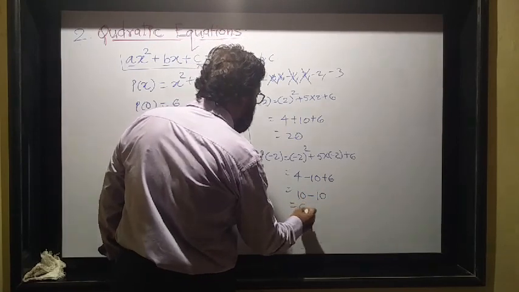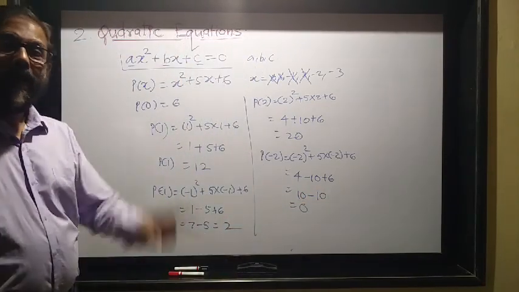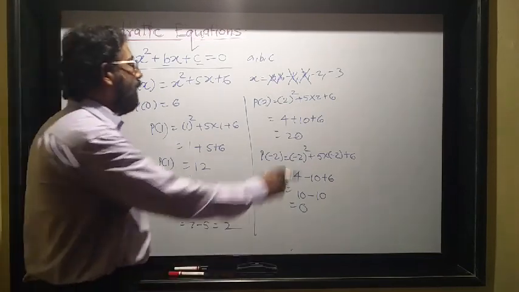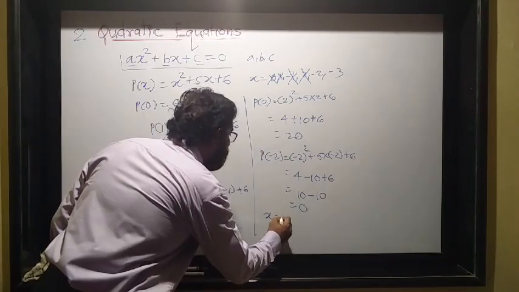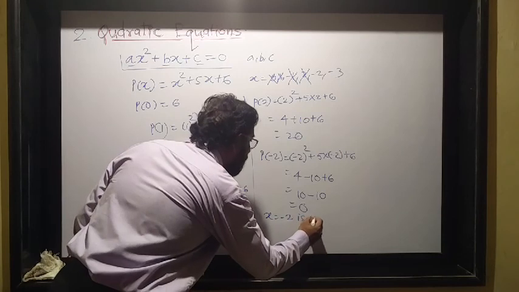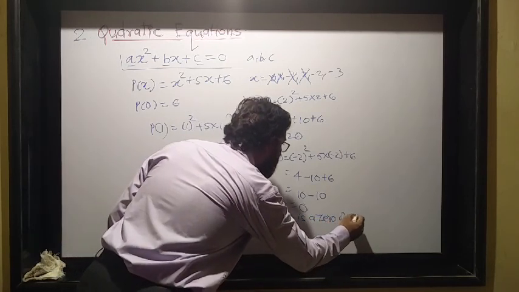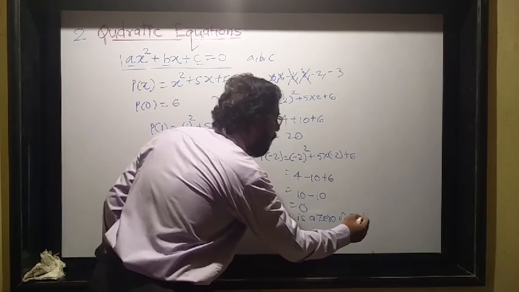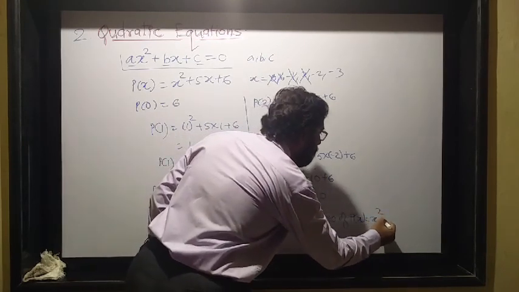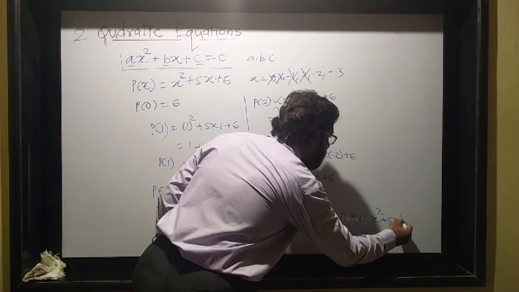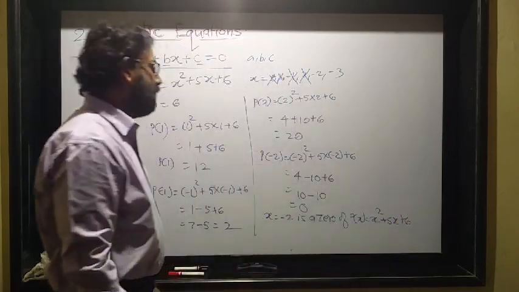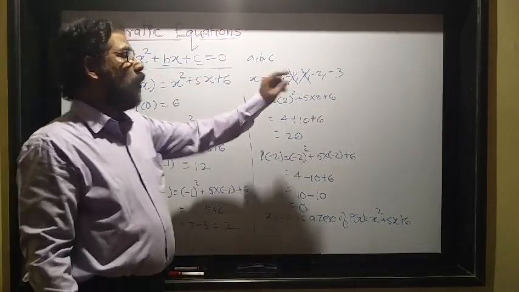See here, you get 0. Now you can say that x equal to minus 2 is a zero of p(x), that is x square plus 5x plus 6.